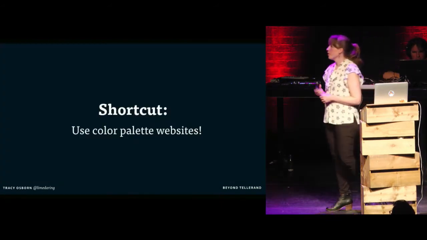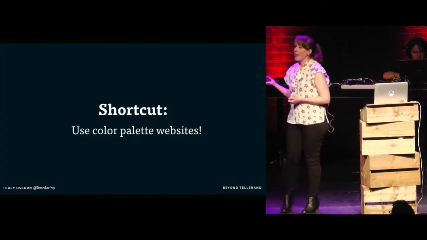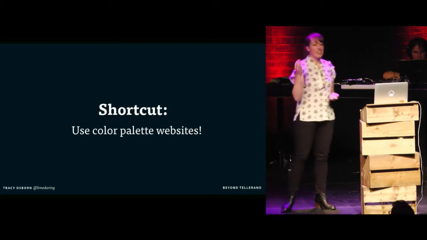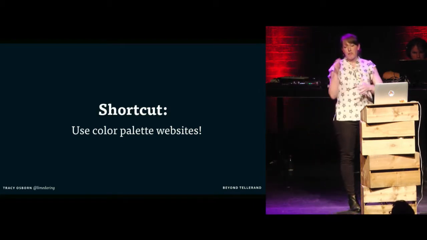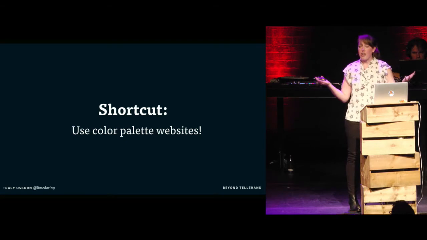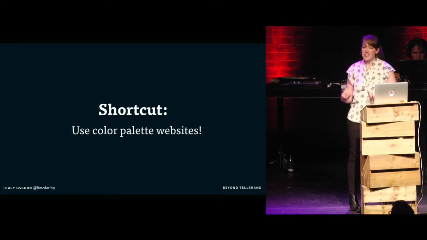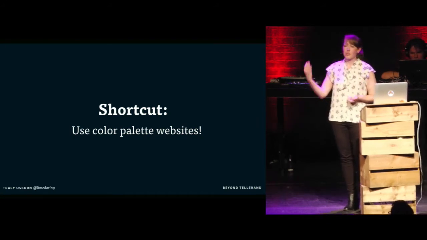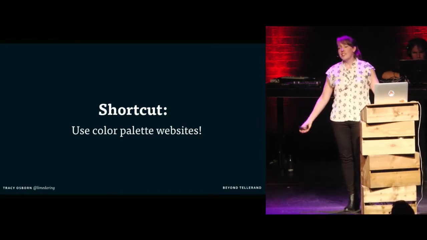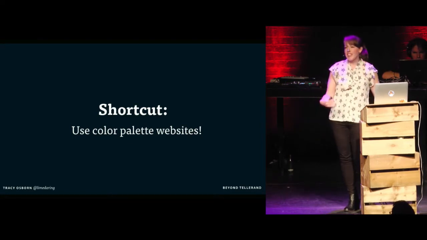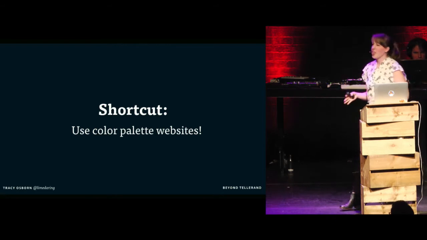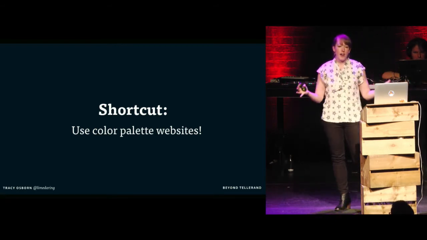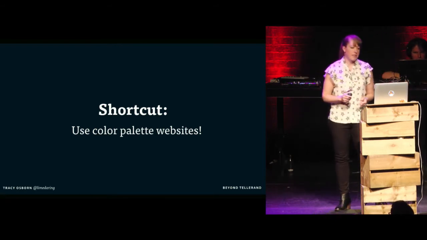But when I'm going through, we don't have time to go into Photoshop and choose our colors and see how things work together. I find it much faster to use color palette websites to choose my color palettes. I've been doing web design since I was like 12, so that's over 20 years now, and I have a degree in graphic design, and I will never start my color palette from scratch. I will always use a color palette website to jumpstart the building of my designs.